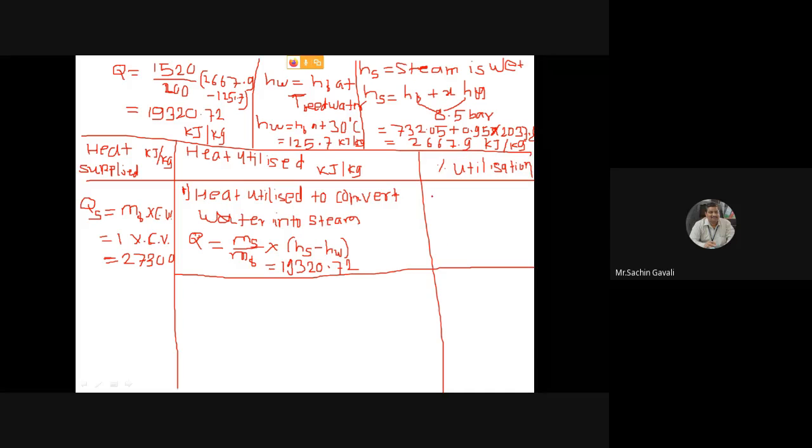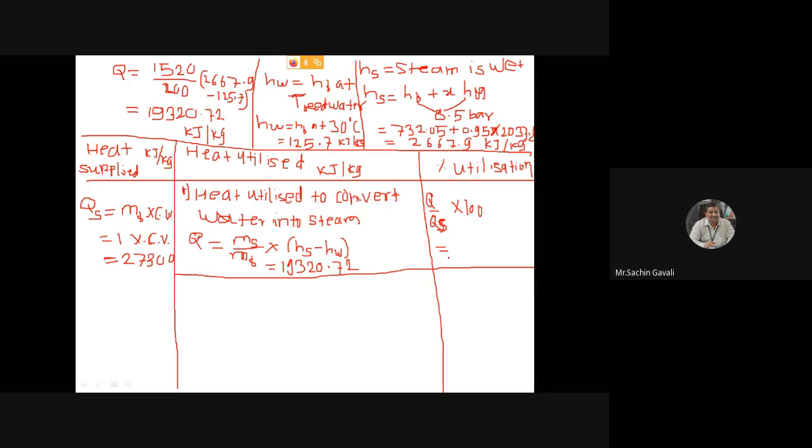And this utilization is nothing but the efficiency of the boiler. What is that utilization? Q divided by QS into 100. And what is that percent utilization coming as?